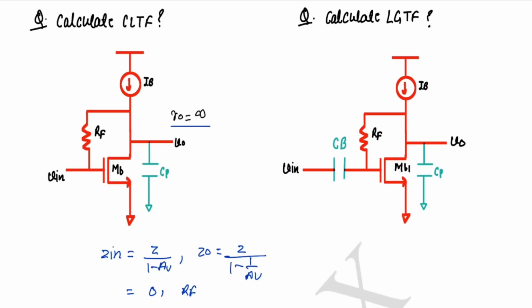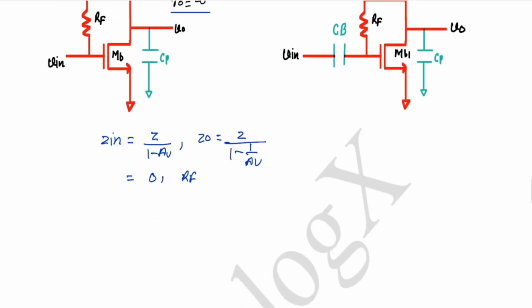Now from here, what will be the output pole? Output pole will be 1 by Cp into RF. And what will be the gain? Low frequency small signal gain will be GM into RF. You can solve this, these are easy steps.